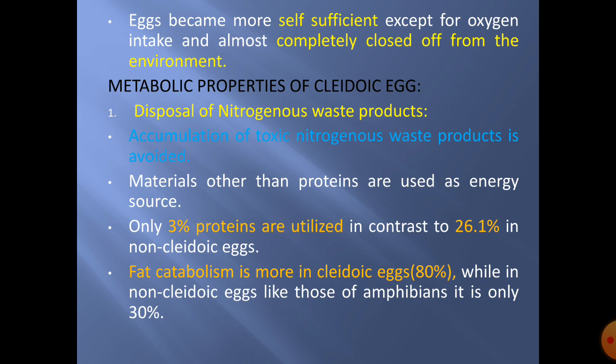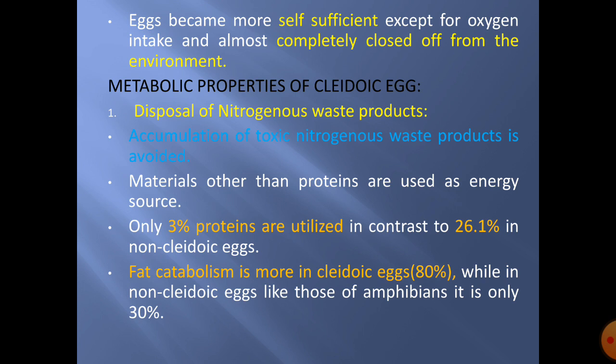So there was a need for the appearance of cleidoic eggs during the course of evolution to meet the true requirements of terrestrialization. Now let us study the metabolic properties of the cleidoic egg. What will happen to the metabolic properties in such an egg? First, the major thing is that disposal of nitrogenous wastes is a problem. Here, accumulation of toxic nitrogenous waste products is avoided.